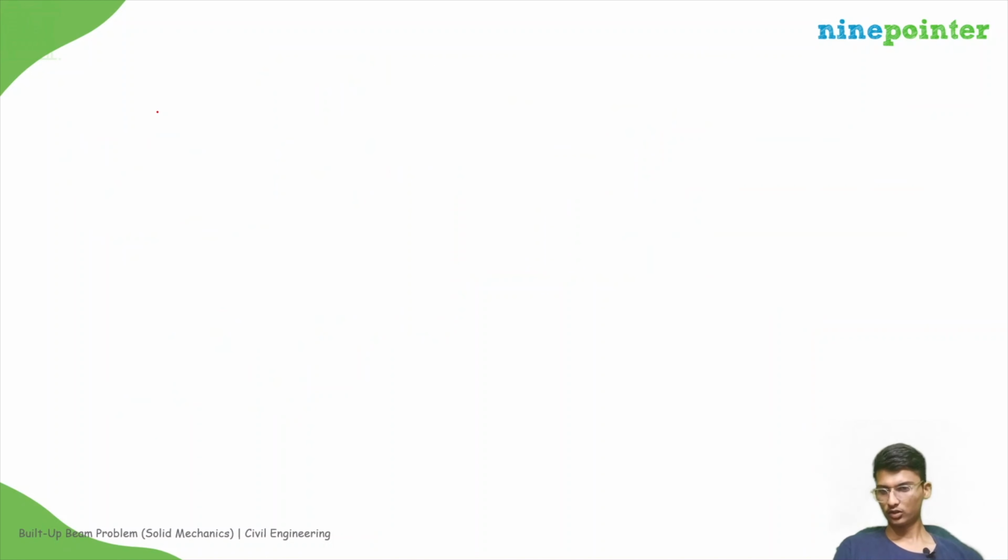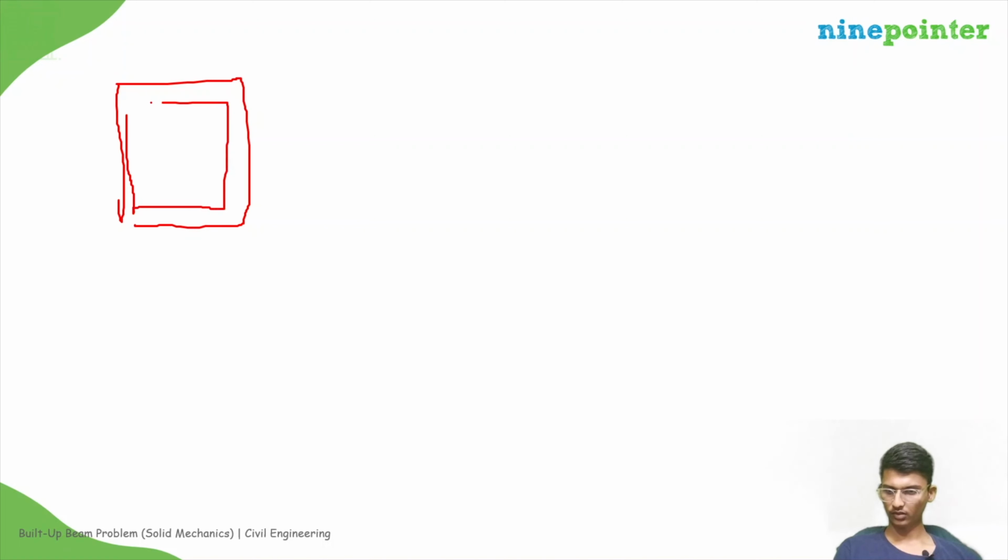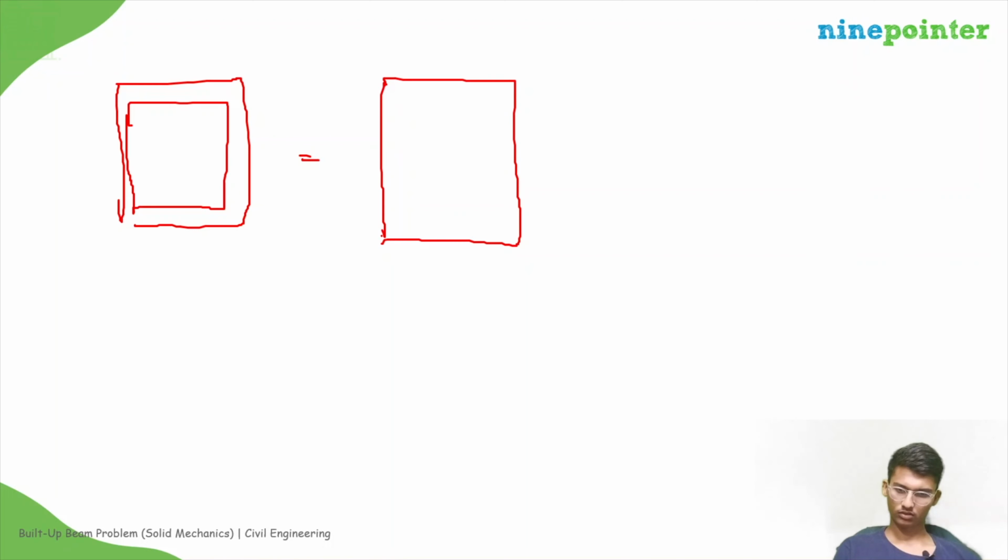Okay, so we can take this one minus this one. So this distance is 180 plus 30, that is 210, right?